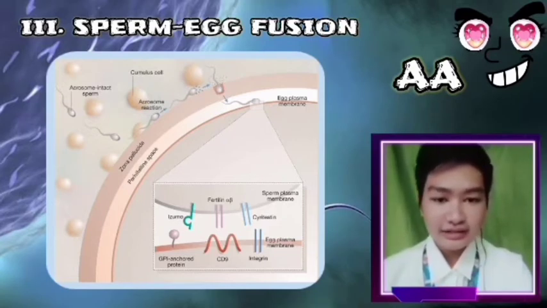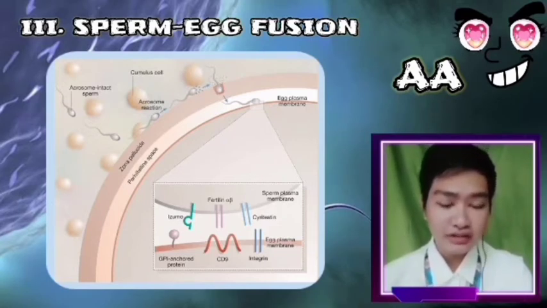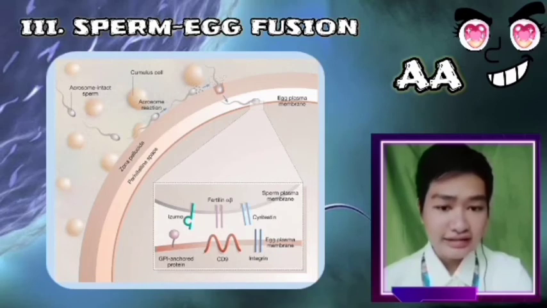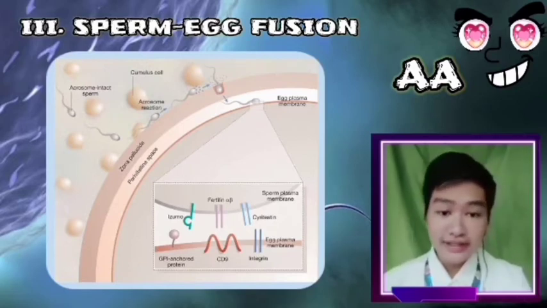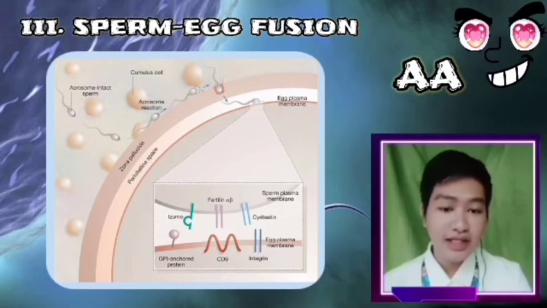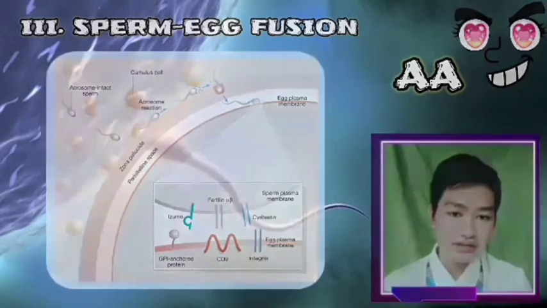This stimulates secretion of the contents of the sperm acrosome, an intracellular sac of molecules necessary for penetration of the zona pellucida. Once through this coat, the sperm gains access to the perivitelline space and binds to the egg's plasma membrane. Sperm and egg membranes then fuse together.